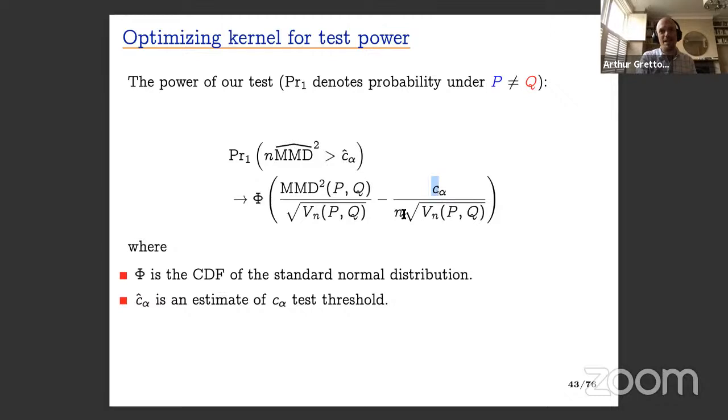So that's where the C alpha divided by n comes from. And then I've used the asymptotic form of my MMD distribution under the alternative, which is a Gaussian with population mean MMD squared and variance Vn. And remember the variance Vn is dropping as 1 on n. So as I see more samples, my variance is going to drop and my MMD is going to concentrate down onto its mean.